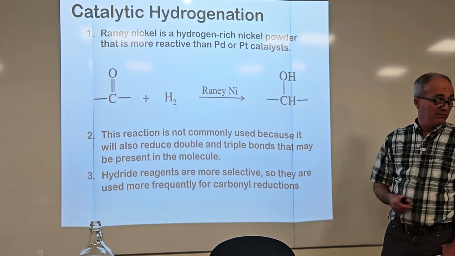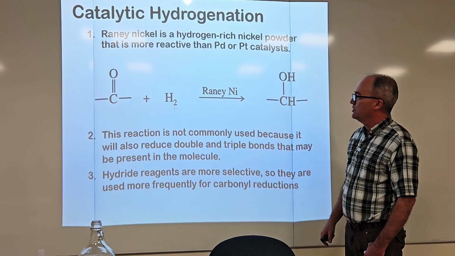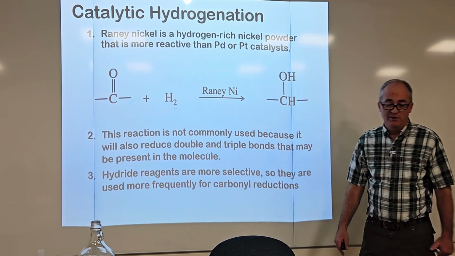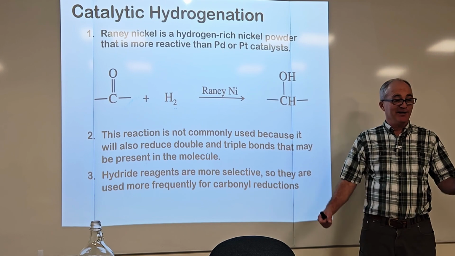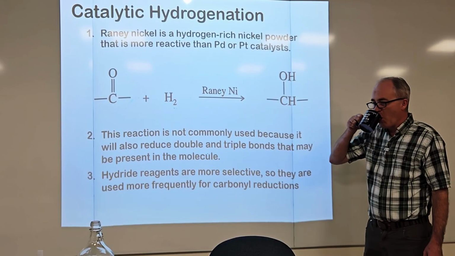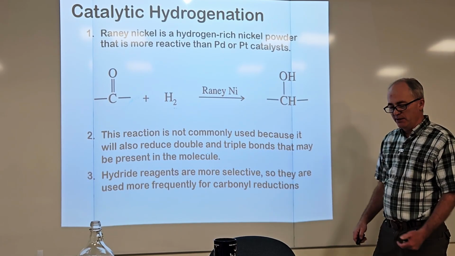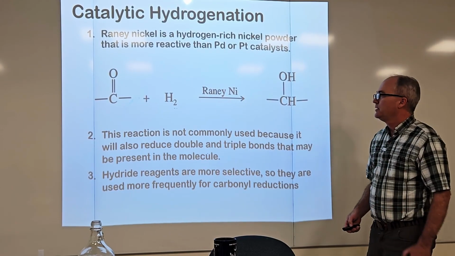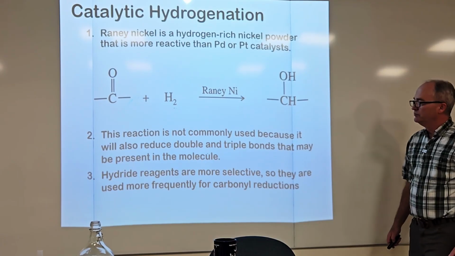So another way to reduce a carbonyl carbon is catalytic hydrogenation. You've seen it before when we reduced what to an alkane? Right, alkenes. And we'll probably look at that in more detail. I get excited about redox chemistry. All right, so those double bonds get reduced just like an alkene to an alkane. Get an alcohol there.